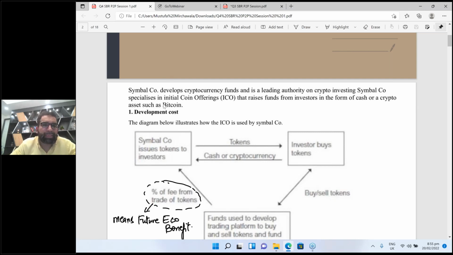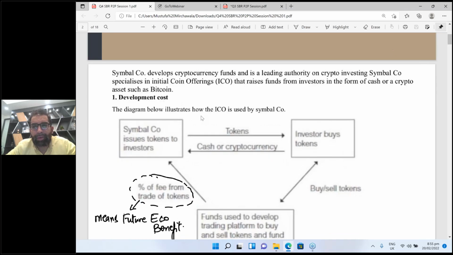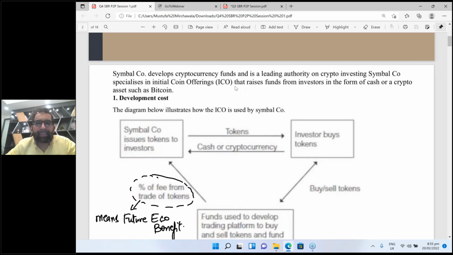Symbol company develops cryptocurrency funds and is a leading authority on crypto investing. Symbol company specializes in initial coin offerings, ICO. So listen, we have studied IPO.